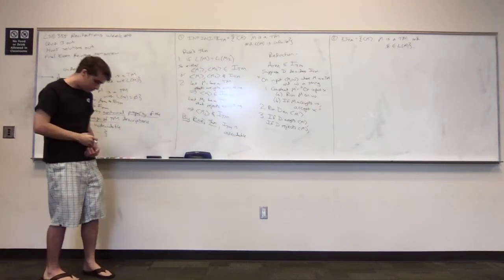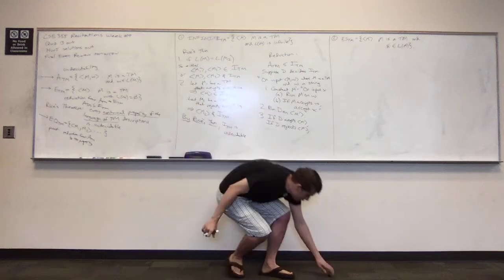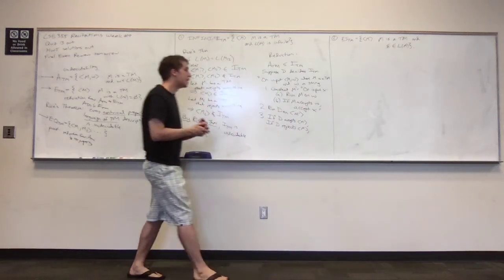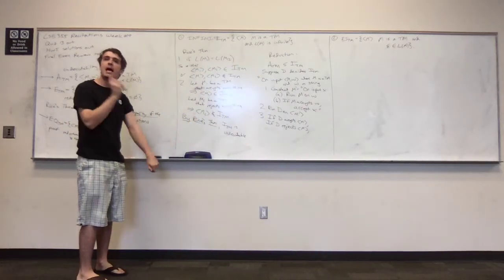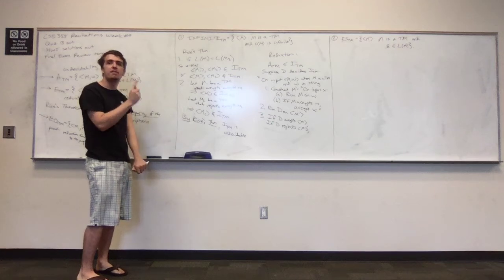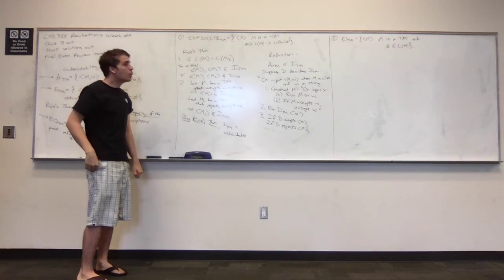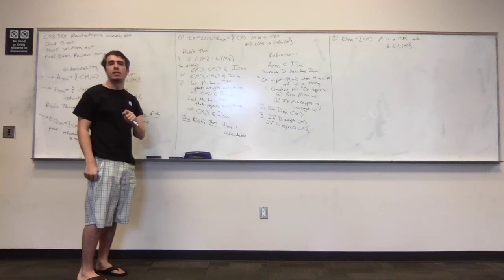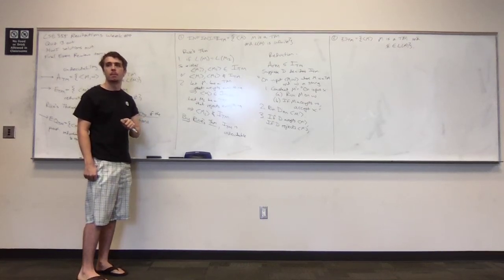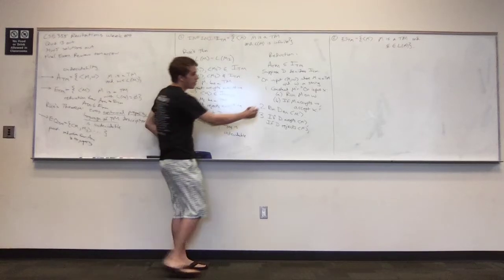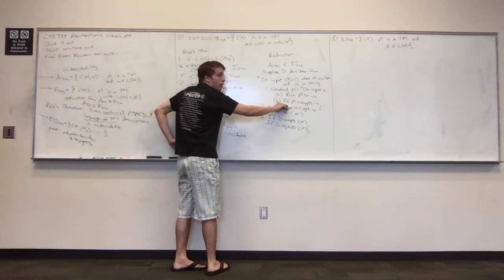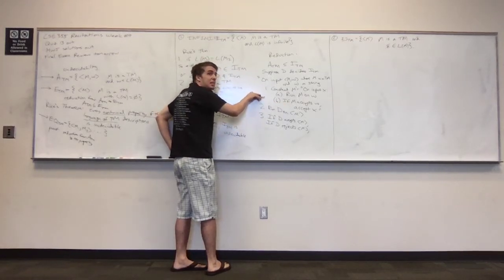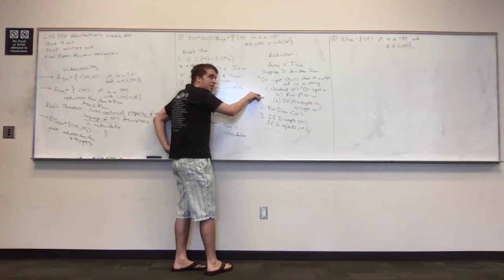Well, let's see. If D accepts M prime, that must mean M prime's language is infinite, right? Well, what's the only way that M prime's language could have been infinite? If I made it to this step, but the only way I could have made it to that step is if M accepts W. So therefore, I just determined M accepts W.